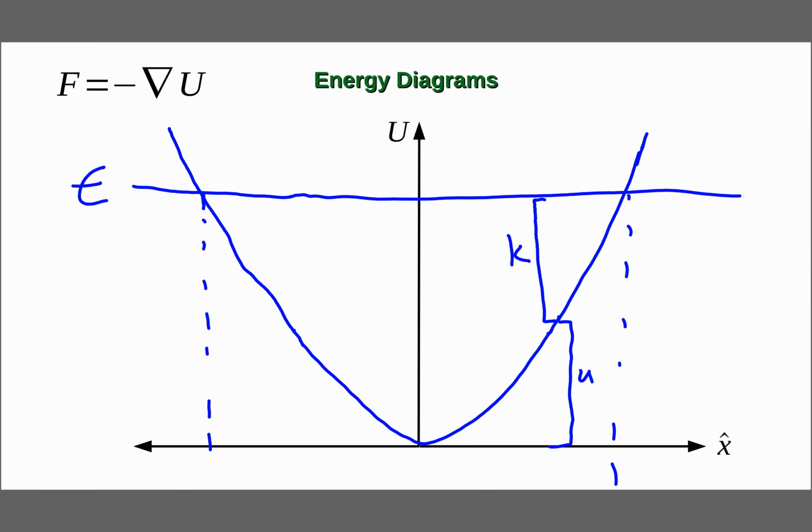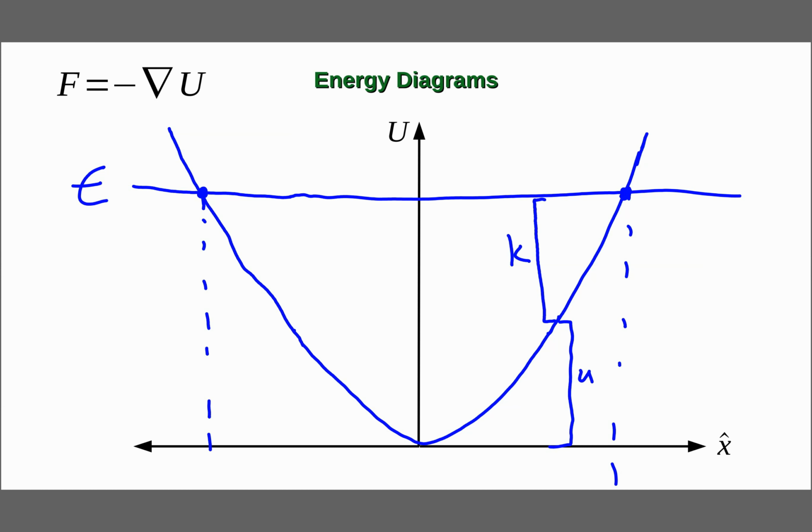Now, the most potential energy that it can have is all of the total energy, which would be right here. And at that point, the kinetic energy will be zero, right? Because all of the energy is potential energy. The same would be true here. All of the energy is potential energy, so the kinetic energy is zero.